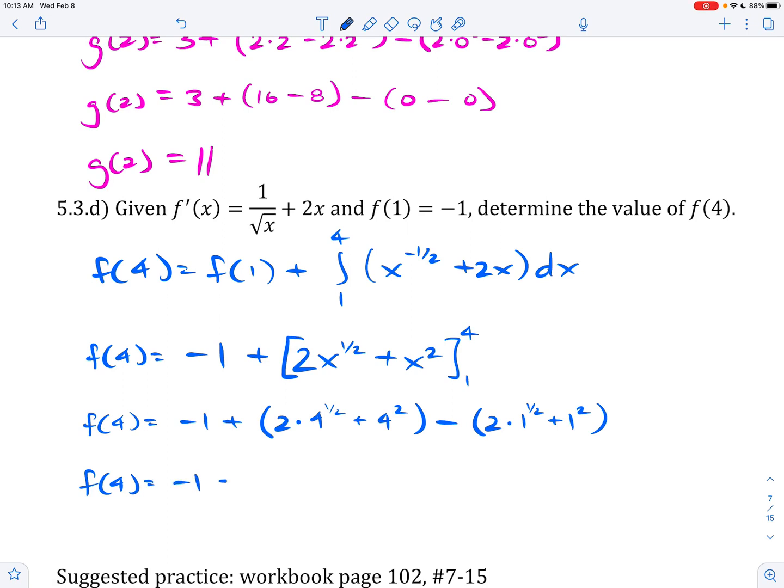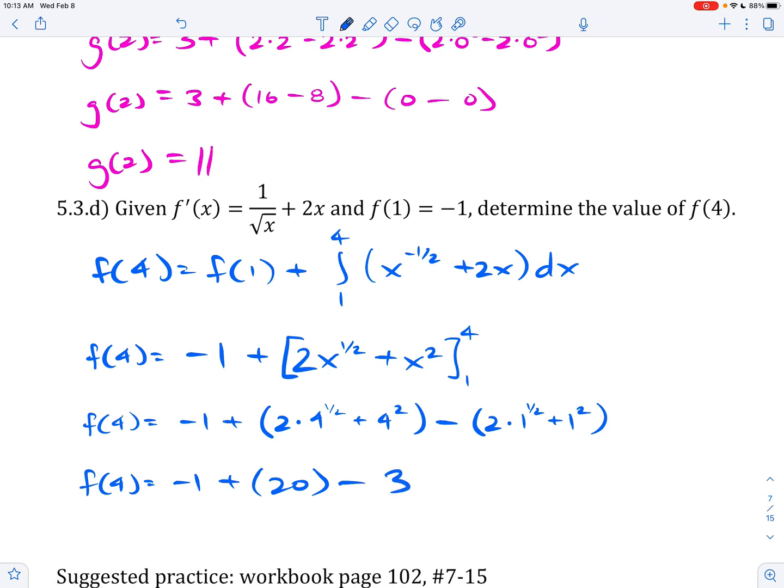In any case, you do have to evaluate. So negative 1 plus this whole thing is stuff. 2 times the square root of 4, so that's 4, plus 16 is 20. And then this whole thing, we are subtracting 2 times 1 plus 1.